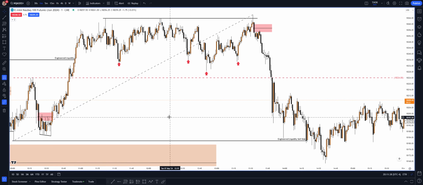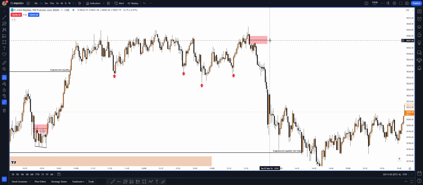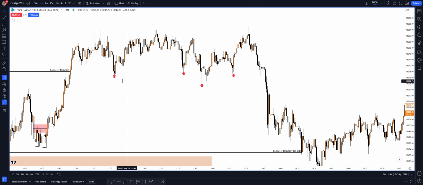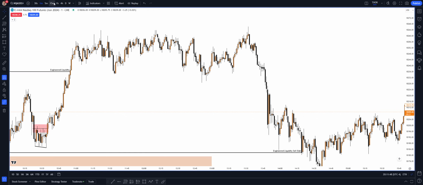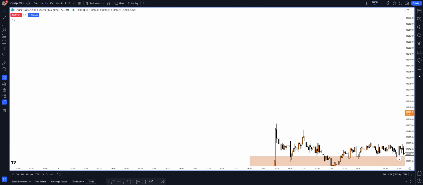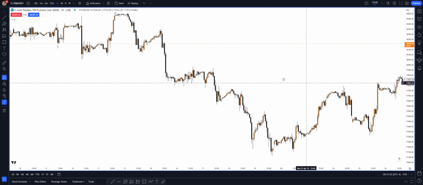Now let's go on the higher time frame real quick and try to see why price rejected at these highs. Like, what caused the rejection. So for that, I guess I need to go on the 1 hour.